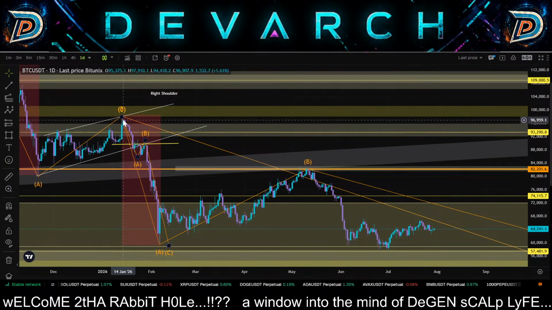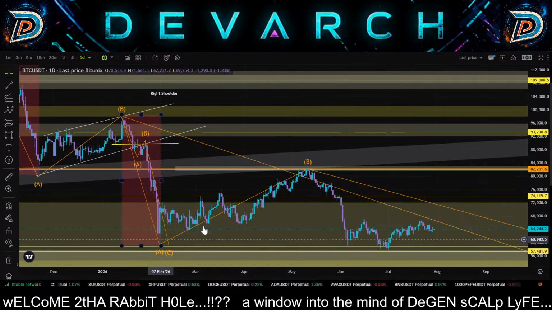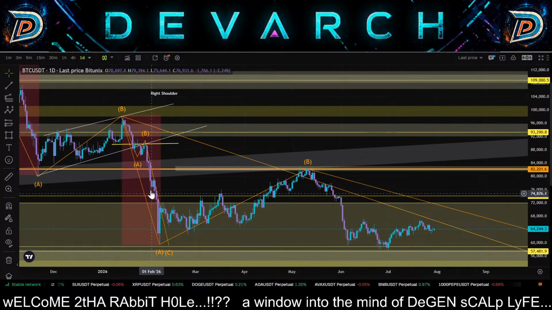And because that was a complete corrective structure, it started to move back up again in another B wave within the corrective structure, making higher highs and higher lows again.